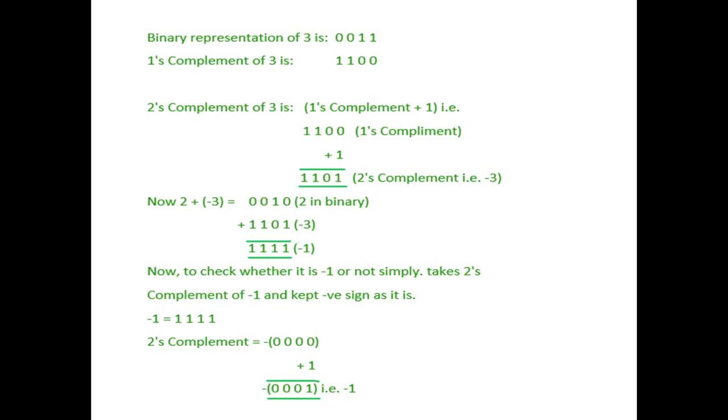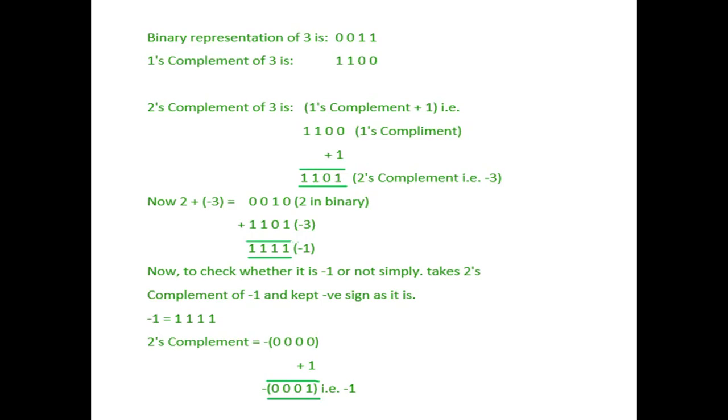The minuend value is 0, 0, 1, 0. The 2's complement value is 1, 1, 0, 1. Adding with the minuend, finally we get 1, 1, 1, 1. Here no carry is generated, so definitely the obtained value, that is the result, is a negative value. You can also check whether the result is negative or positive.